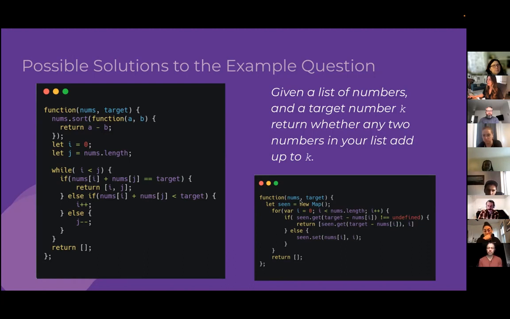However, this one uses a little bit more space because it has to create that map in order to use as a secondary data structure to keep track of those values that it's seen to execute the algorithm. So being able to articulate the simple trade-offs of the differences between algorithms is going to help your interviewers to show that you really understand the problem and you understand the pros and cons of the approaches that you're taking.